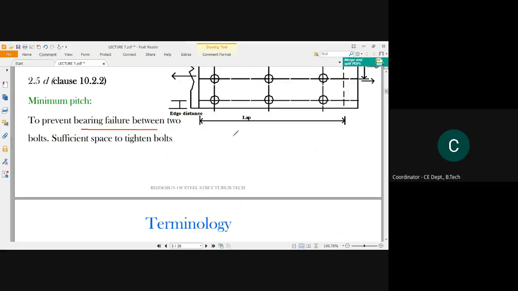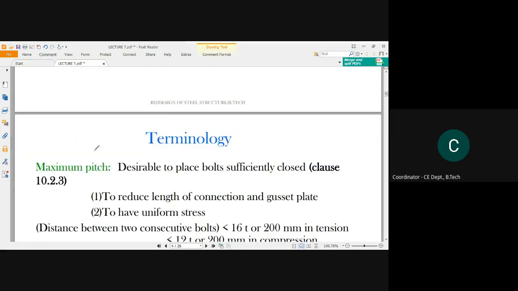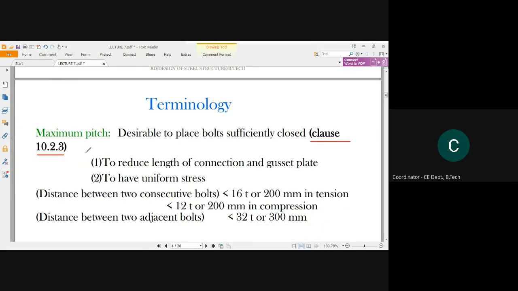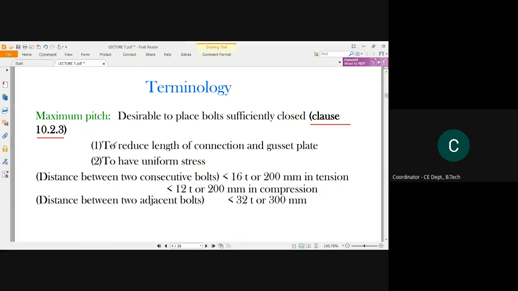So there should also be a maximum pitch distance. It is desirable to place bolts sufficiently close; this has been given in clause 10.2.3. So what is the purpose of providing the maximum pitch? To reduce the length of connection and gusset plate, to have uniform stress.